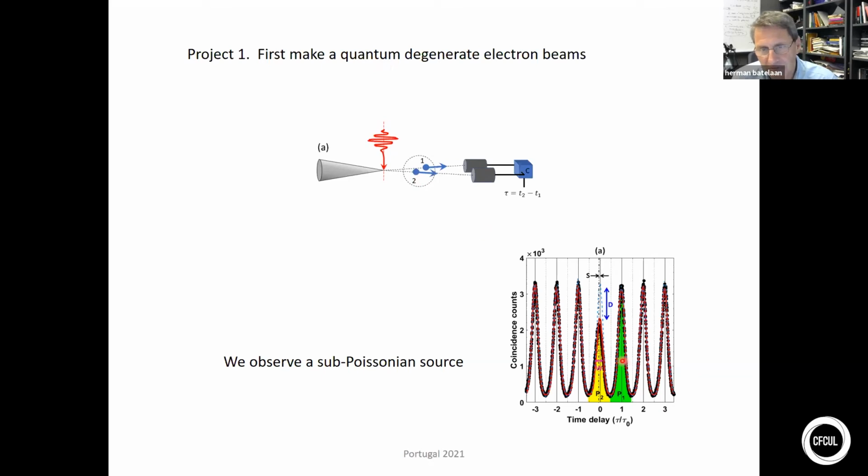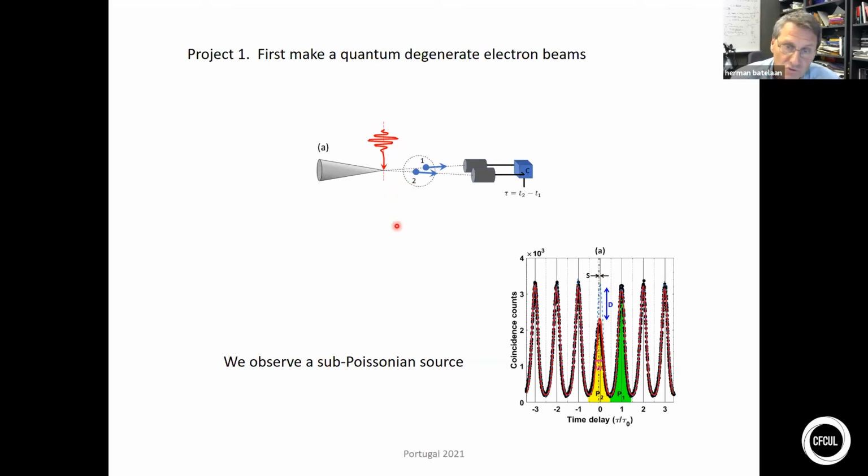Then you land up here. If one electron is born and then the next laser pulse does nothing, and the second to next does something, you land here. However, if both electrons are made by the same laser pulse, you end up here. And this dip, so you have all the same height, and this dip is an indication of the interaction between the two electrons.